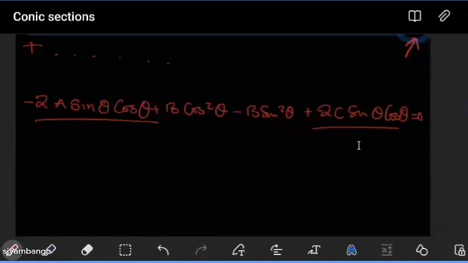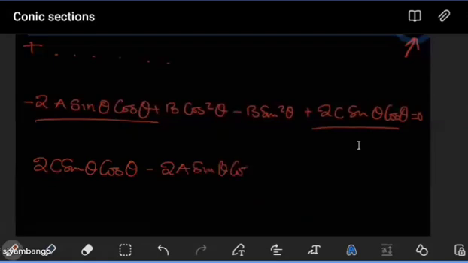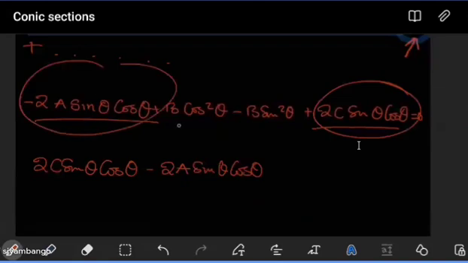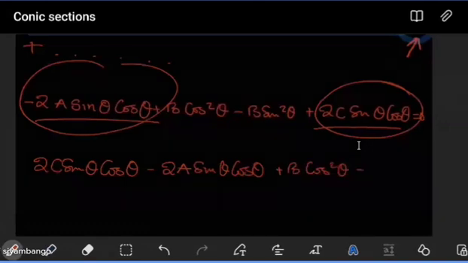And we can write them as 2c sine theta cos theta minus 2a sine theta cos theta. So by writing this, then these two can follow up on their own. So these will be plus b cos squared theta minus b sine squared theta is equal to 0.